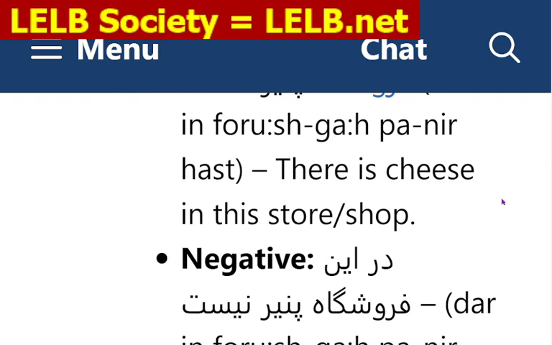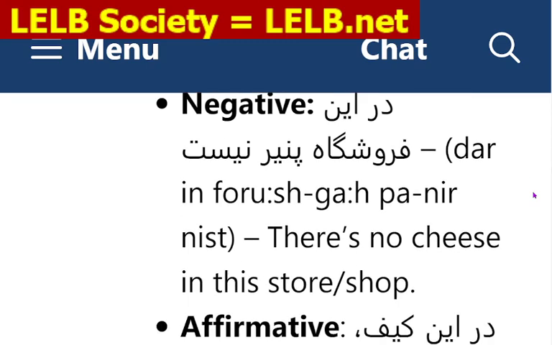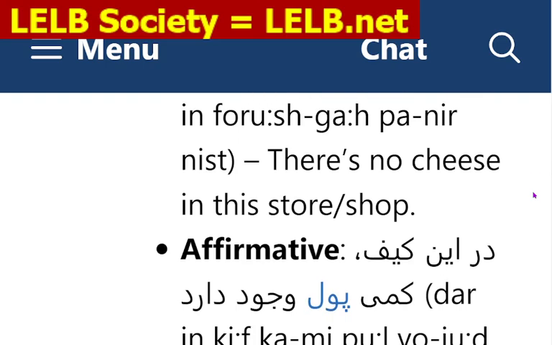There is cheese in this store or shop or supermarket. And the opposite is در این فروشگاه پنیر نیست. So هست changes to نیست. So there is no cheese in this store or shop or supermarket.